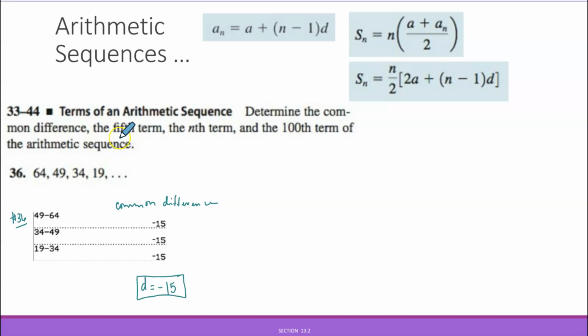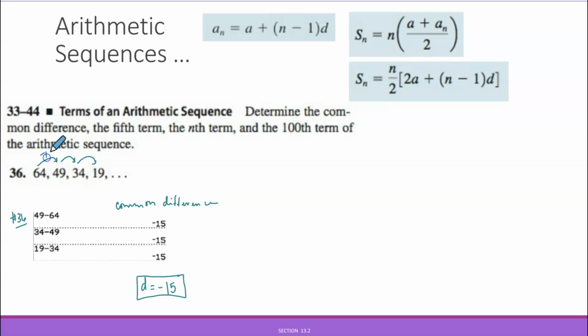Okay, so the next part is the 5th term, the nth term, and the 100th term. If we think of this common difference as negative 15, what we did was we took 64 minus 15, that gave us 49. 49 minus 15 gave us 34. 34 minus 15.